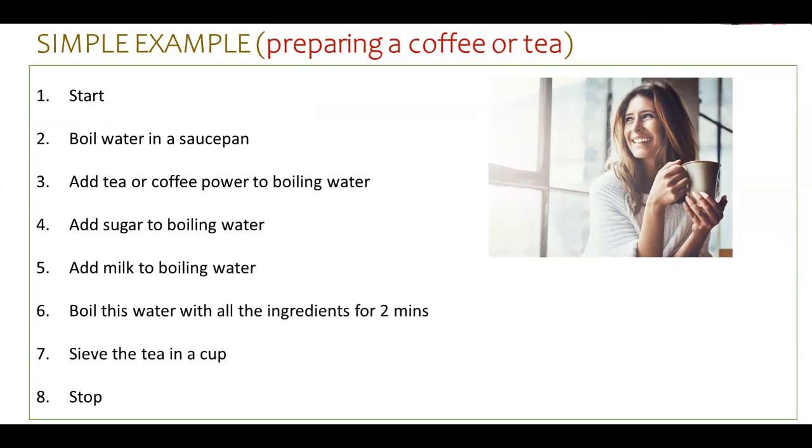Later you can add some tea powder or coffee powder to that boiling water. Later you add sugar, followed by milk. After mixing all these things, you boil for one more 2 to 3 minutes. Then your coffee or tea is ready and you serve it in a cup. This is our entire process. Now you can follow this step by step and prepare your tea or coffee easily.